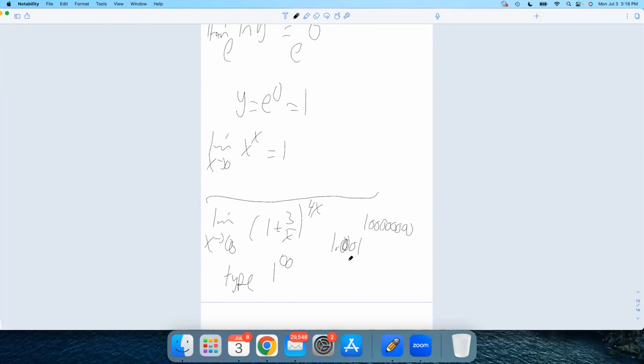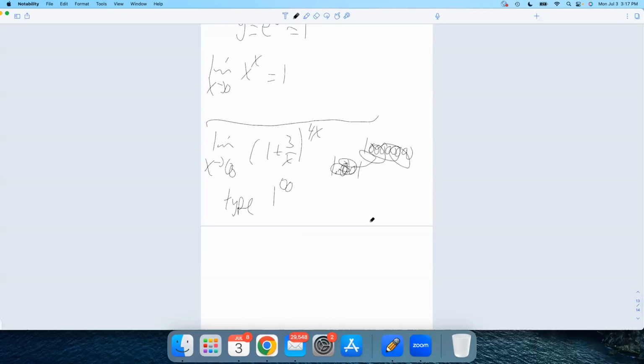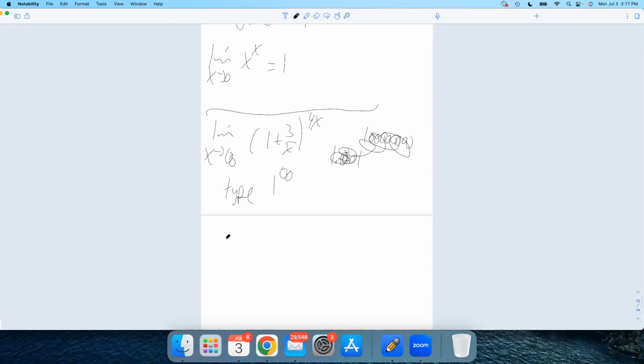So we've got this competition. The inside wants to go to 1. The outside wants to make the whole thing giant. Who's going to win, the inside or the outside? You'll see that it's a balance. Nobody wins. So we call the whole thing y.